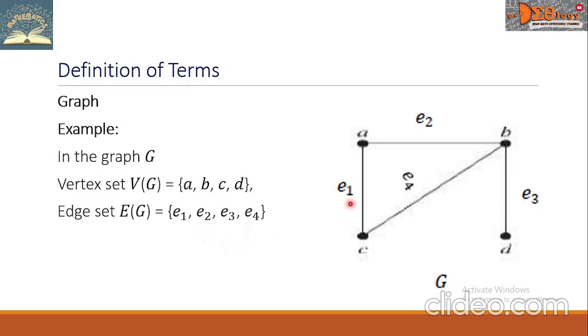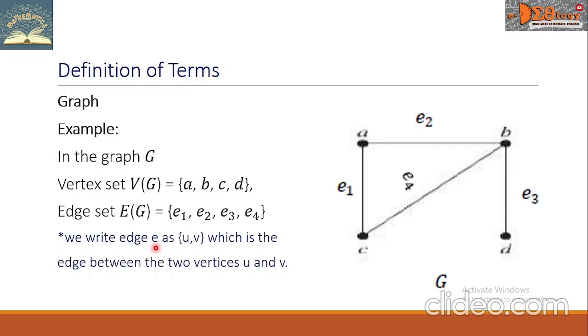In the graph, E sub 1 is here, connecting A and C. E sub 2 is here, connecting A and B. E sub 3 is here, connecting B and D. E sub 4 is here, connecting B and C.